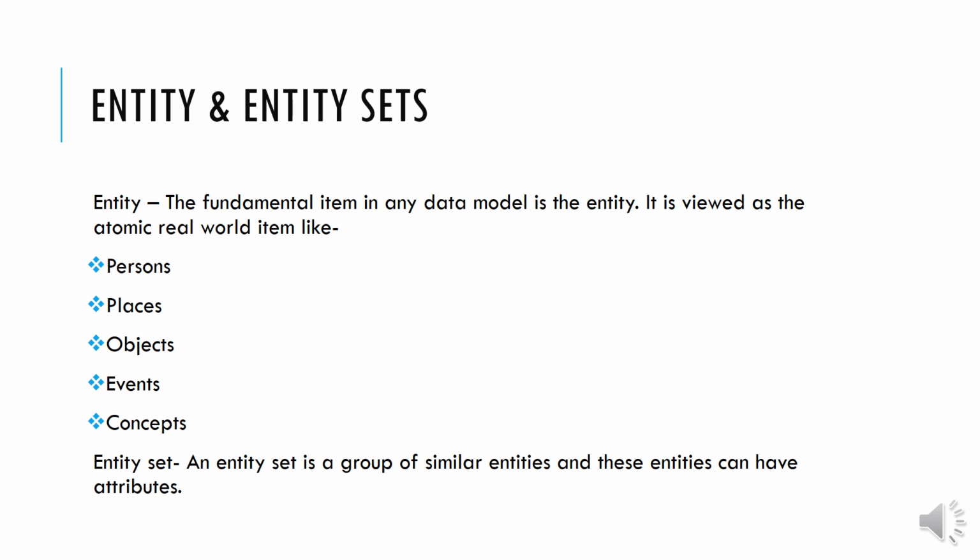An entity set is a set of entities of the same type that share the same properties or attributes. For example, the set of all employees working in one organization can be called the entity set for employee.